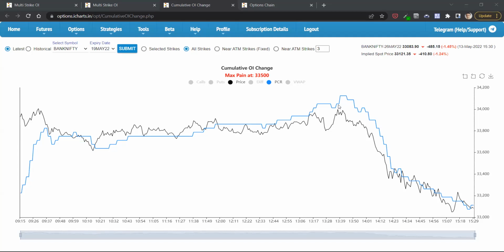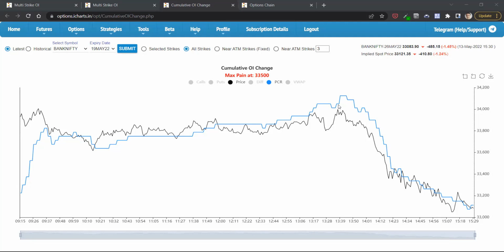Holding in the sense, whenever this flat area or sideways area occurs, it means the balance is there. Call writers and put writers are in balance. As long as they are in balance, whatever prior trend was there just holds. When it has gone sideways over here, PCR also, buying was still going on, or rather call writing was not heavy.